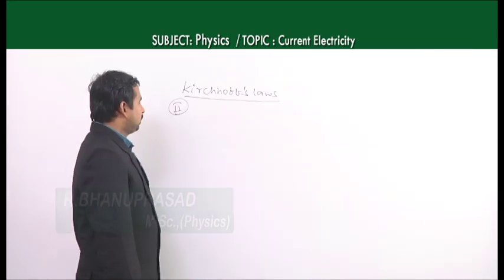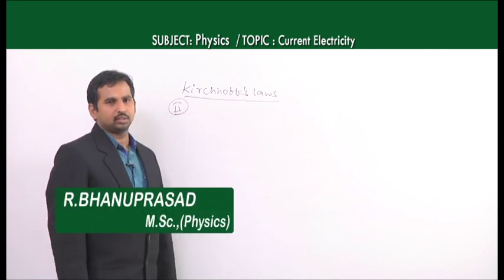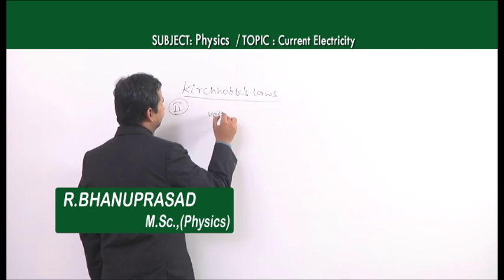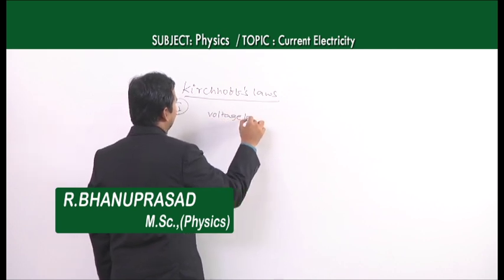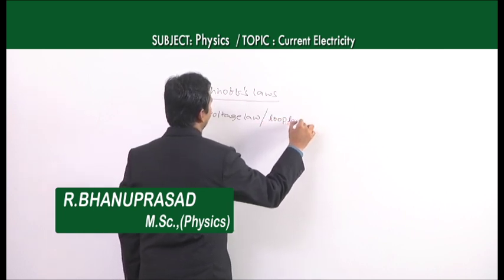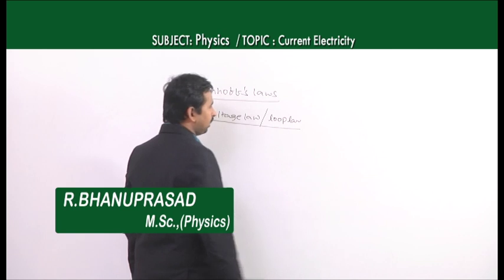Now we will see Kirchhoff's second law. We call this second law the voltage law. It is also called the loop law, where a loop means a closed circuit.